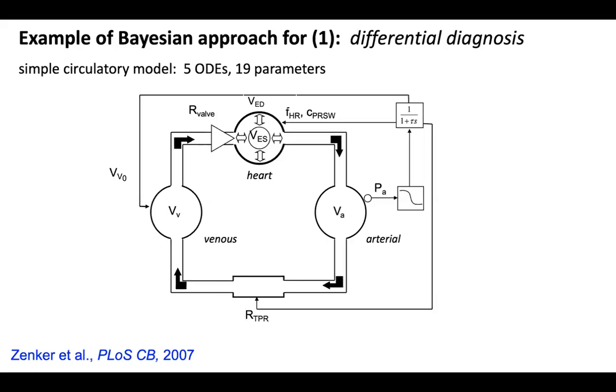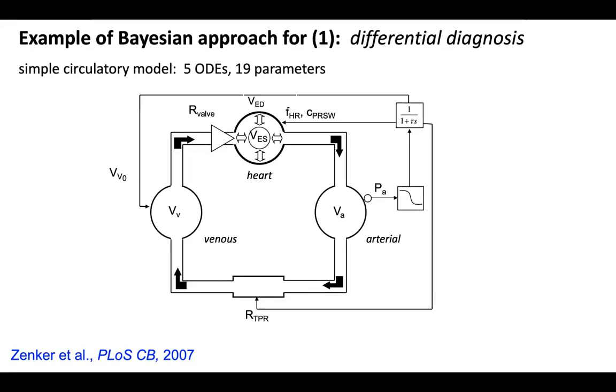Ideally we would have some data from some patients, and we would try to come up with a probability distribution on this 19-dimensional parameter space to figure out what's going on with that individual patient from whom we collected the data. For this proof of principle, I want to be able to visualize things very easily, so we're just going to freeze 17 parameters and just play with 2 of them.